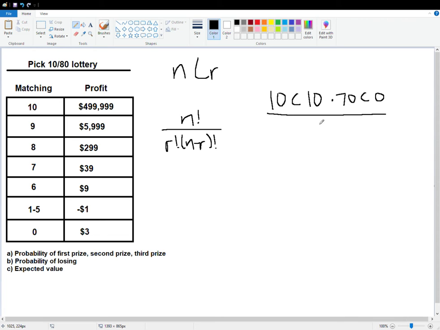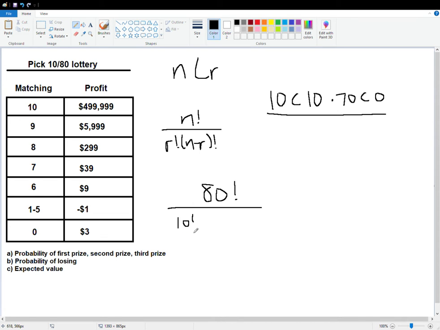We're going to divide this by, what are we dividing by? We want the total number of combinations that the lottery ticket can have. So this is going to be the total, and we're going to use this formula to find it. Let's start with 80 numbers total, divided by, well, the lottery ticket is going to choose 10 of these 80 numbers.